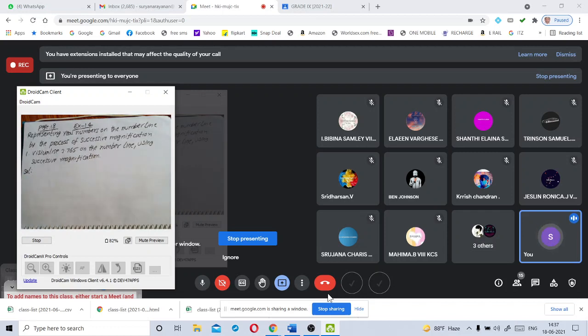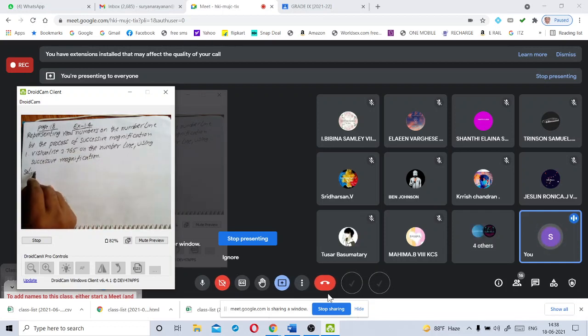I will solve this question. I will visualize this number 3.765 on the number line by using successive magnification, and simultaneously I will explain the concept also.